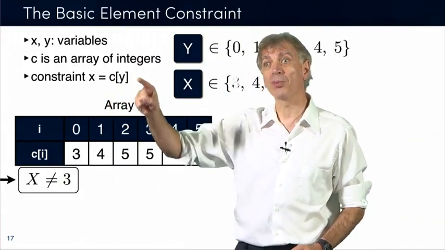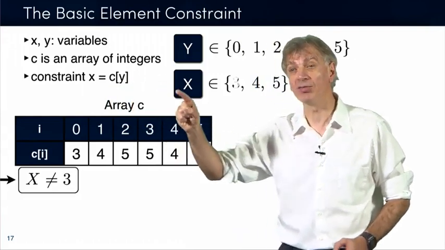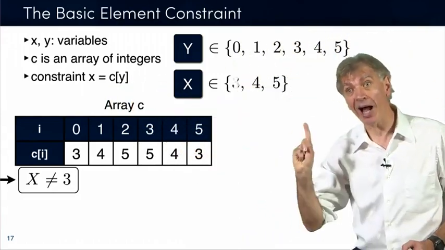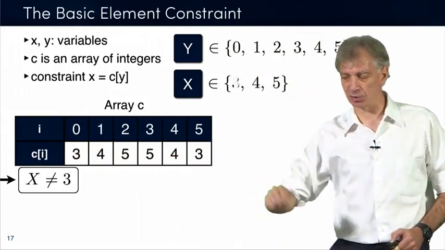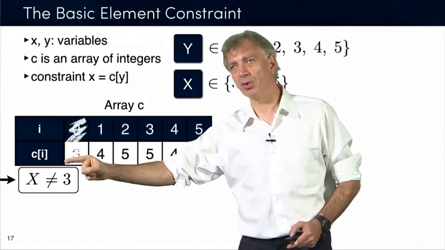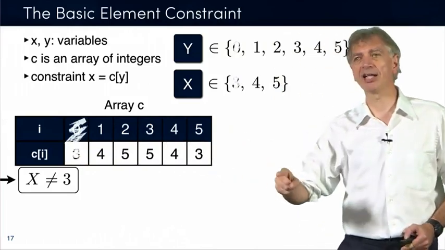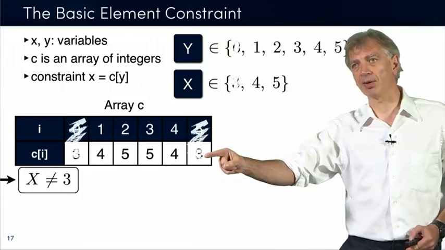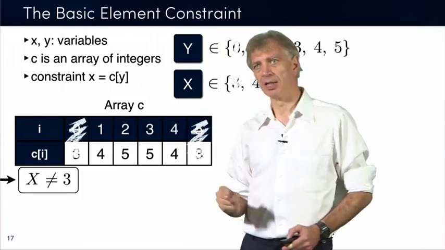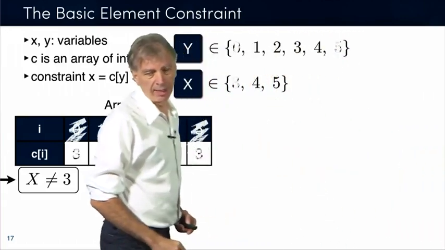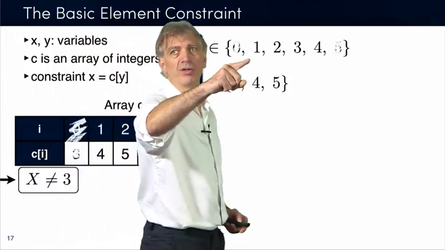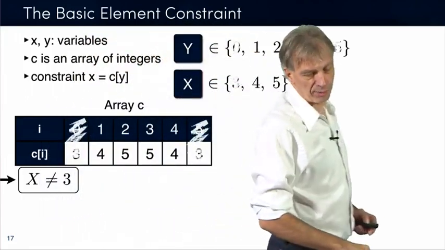So we want to prevent y from taking a value that's going to give 3 to x. How do we do that? Well, we look at the indices which hold a 3. There is the first one, index 0, and the last one, index 5. So we have to remove the value 0 and the value 5 from the domain of y. And that's what you see there.